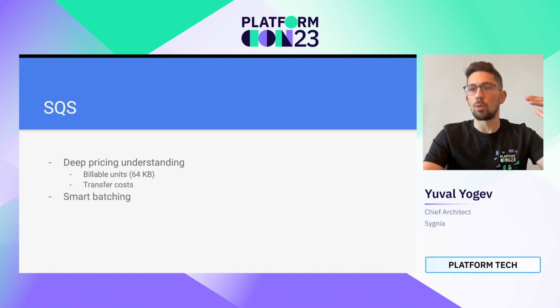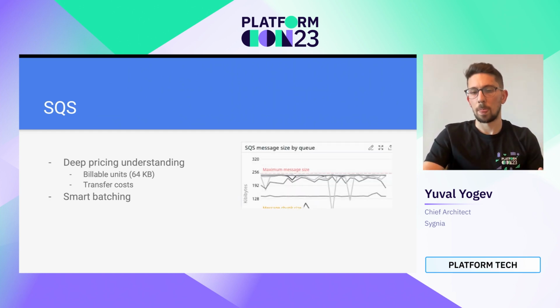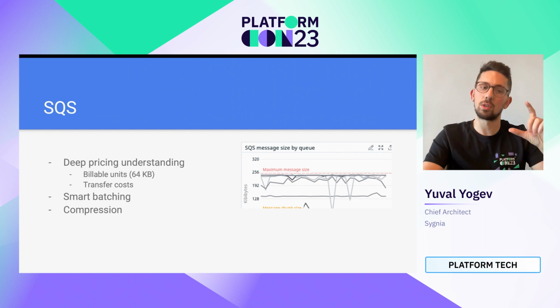But we also wanted to lower our transfer costs, which were very, very big. So one thing we did is add compression. We tracked the sizes of the messages that we're sending to SQS and added compression and got a very big price reduction, because we were sending JSON objects into SQS, which are very compressible. So we got almost an 80% price reduction just on networking costs in SQS itself.